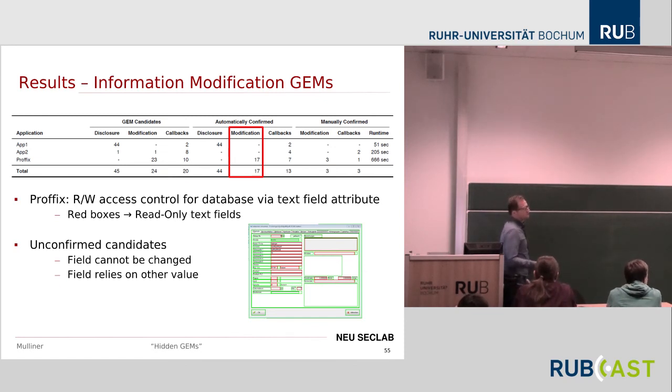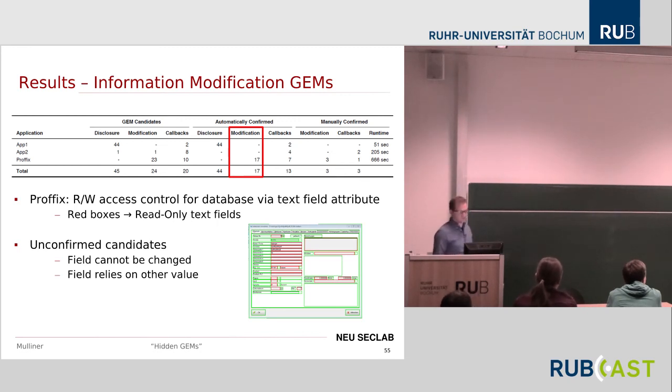If you set it, this will never be written back to the database. And some fields rely on other fields, so these cross checks are harder to find, because you'd say, okay, we change this, but the change wasn't accepted. These are things you have to look into manually, but it's easier to look into 10 widgets than, I don't know, 10,000.